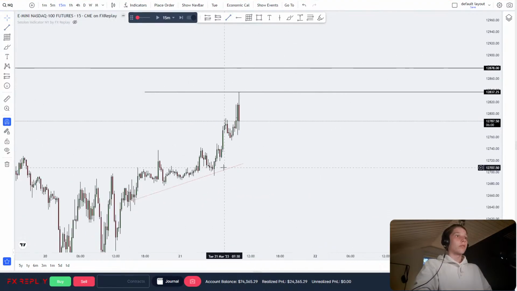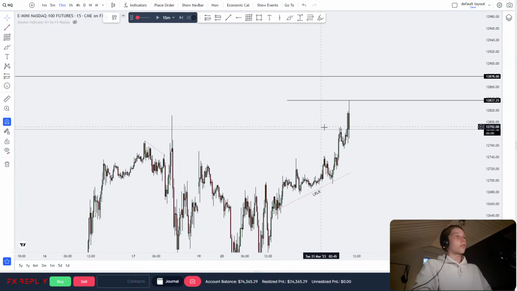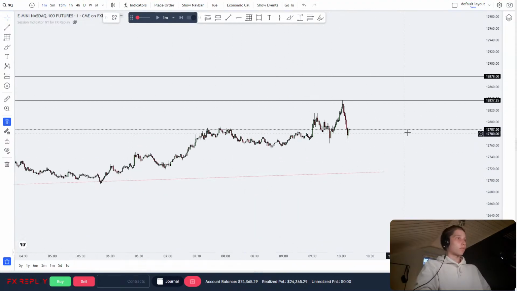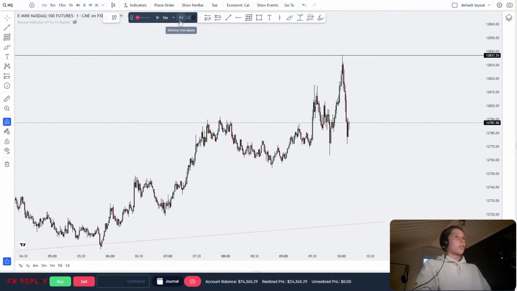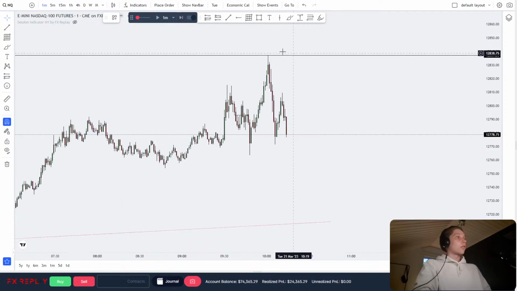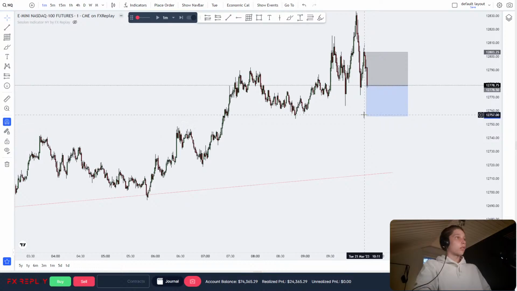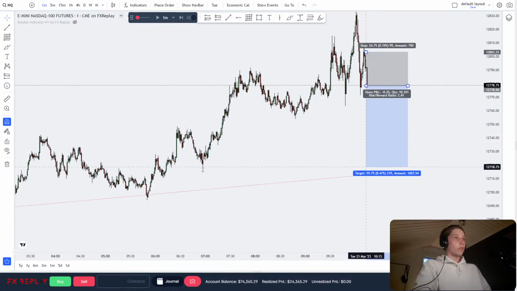So what does that mean? LR here. It doesn't necessarily need to, if it's extremely bullish it could just continue, but okay, so that's getting flipped. We could run down.